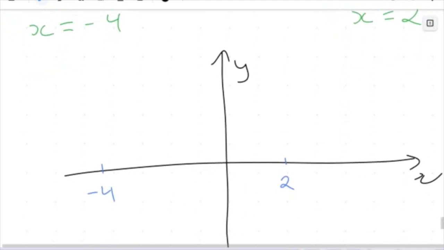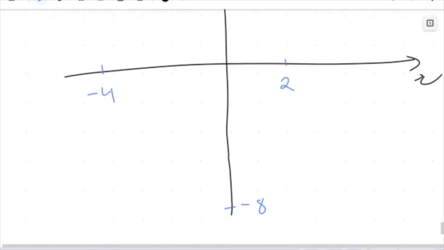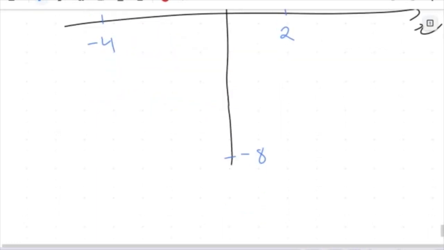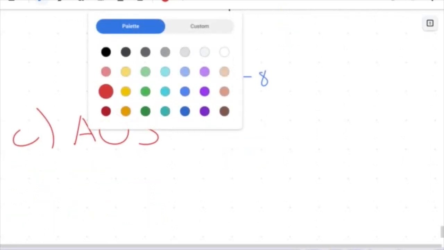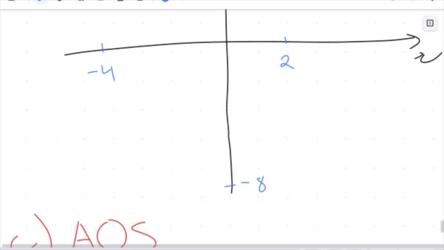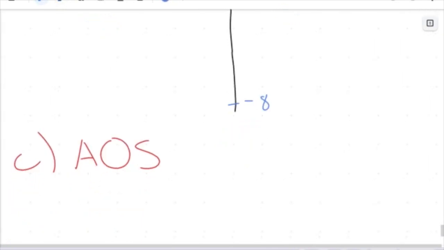And now I want to find the axis of symmetry. So the axis of symmetry is going to be the average of these two numbers. Because I want an x value, I want to see where along this horizontal line my middle is going to be.